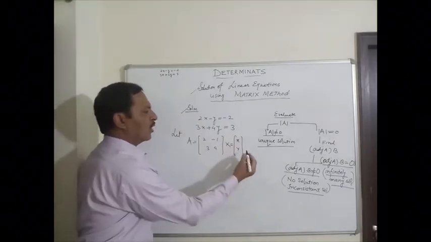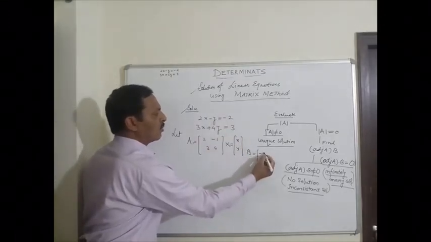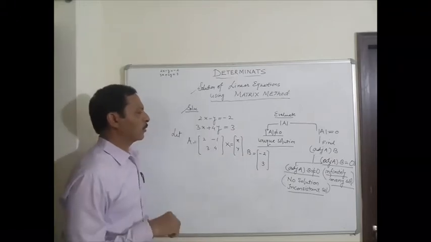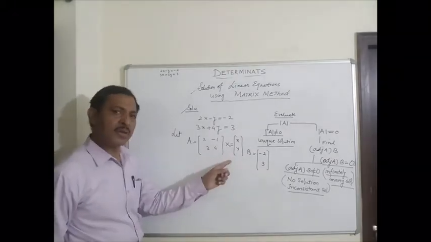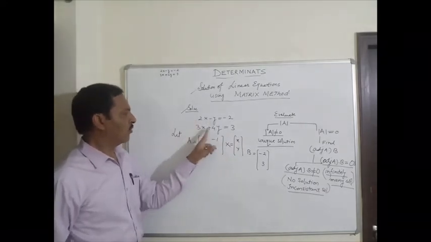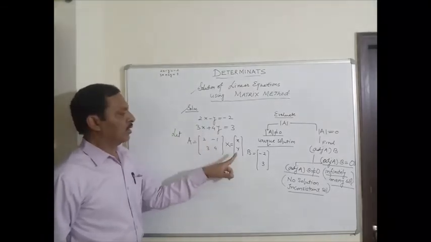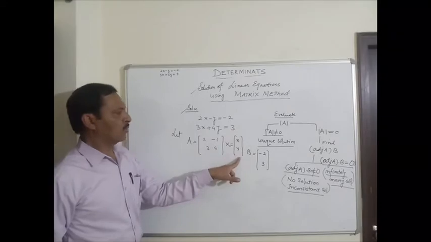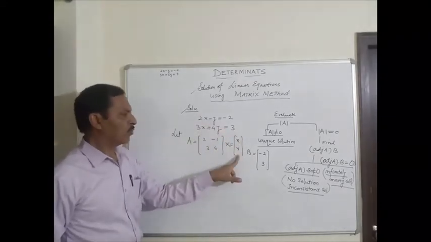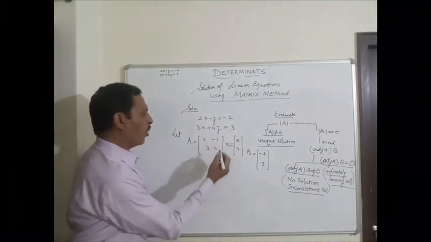And then a B matrix which is formed by the constants minus 2 and 3. Now the question may be raised why I have formed 2, minus 1 and 3, 4 in the order of the variables' coefficients, and here I have formed a column matrix. The reason is simple: if I write the variables in column form, then and only then is the multiplication of the two matrices possible.